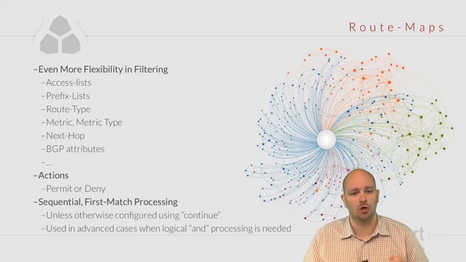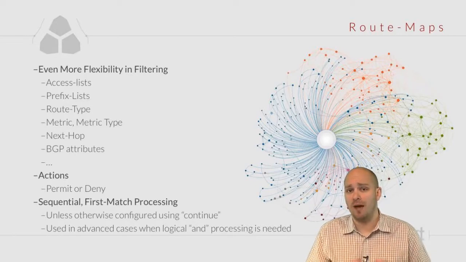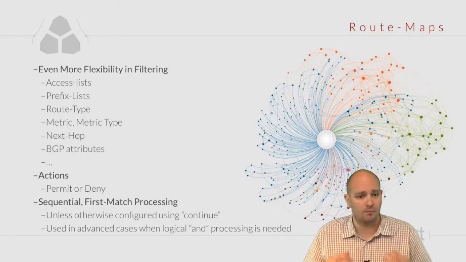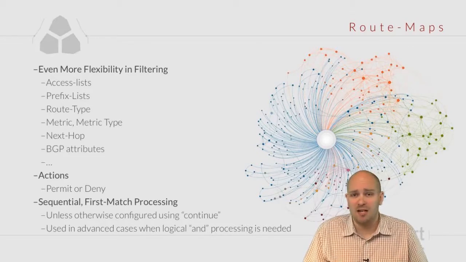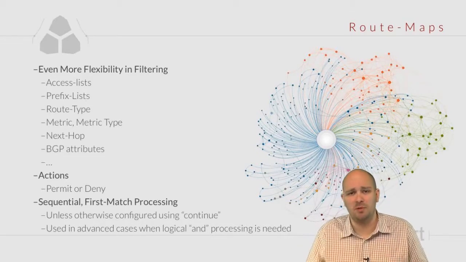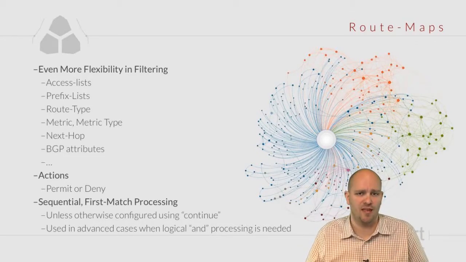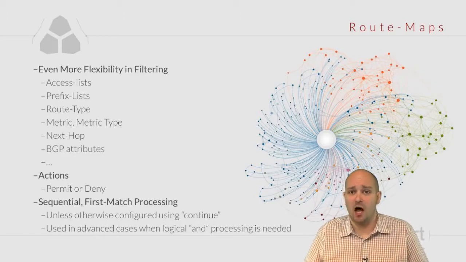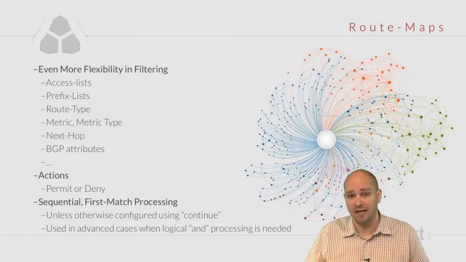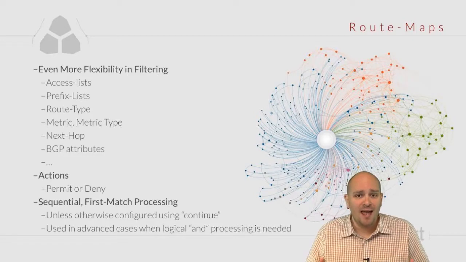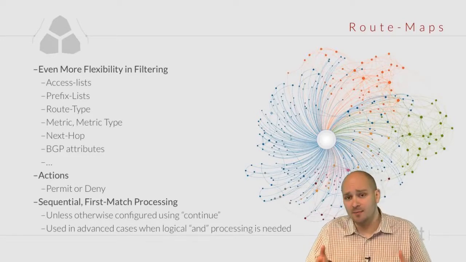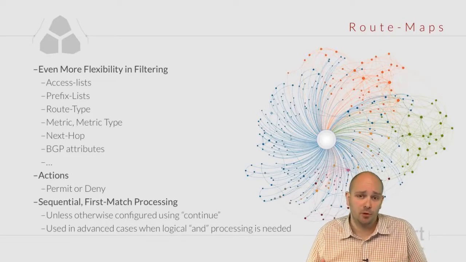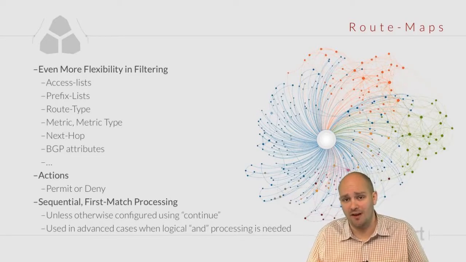Is the route internal or is it external? We can match based on a specific metric or the metric type. We can match based on IP next hop, BGP attributes, and so many different things. And we can either permit or deny routes based on these criteria. And route maps are, similarly to prefix lists, processed in a sequential fashion.